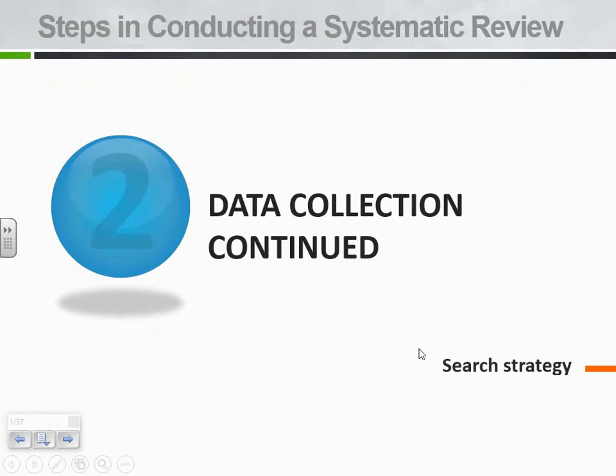Okay, data collection continued. Now we're actually formulating our search strategy. When searching, remember, be methodical in your search approach to ascertain that you identify and collect all pertinent publications relevant to your research theme. This can also include grey literature, which is defined as literature produced on the level of governments, academics, business and industry, including both print and electronic formats, but not controlled by commercial publishers.